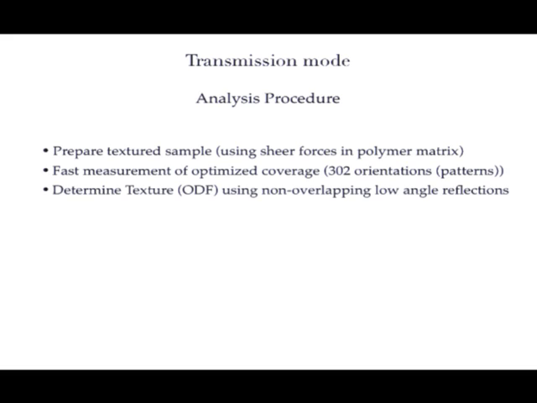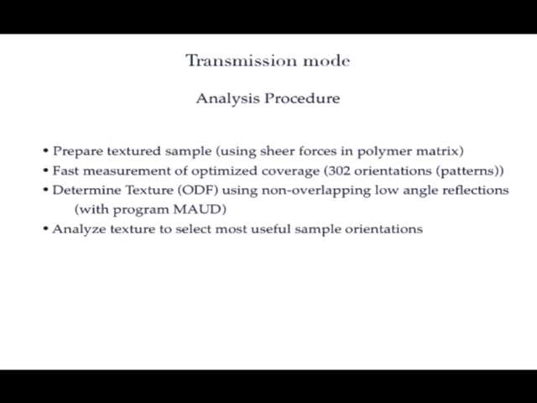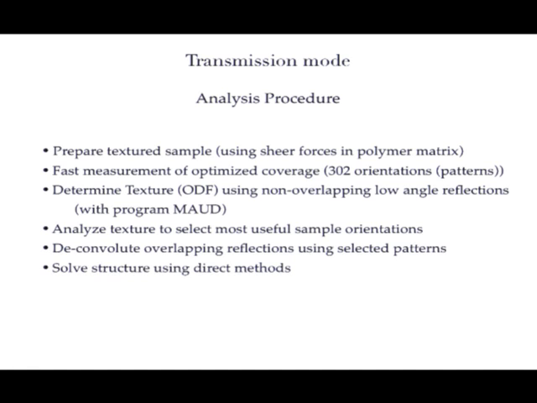We determine the texture using non-overlapping low-angle reflections with program mode. Then we analyze the texture to select the most useful sample orientations, and then we deconvolute the overlapping reflections and solve the structure by direct methods.